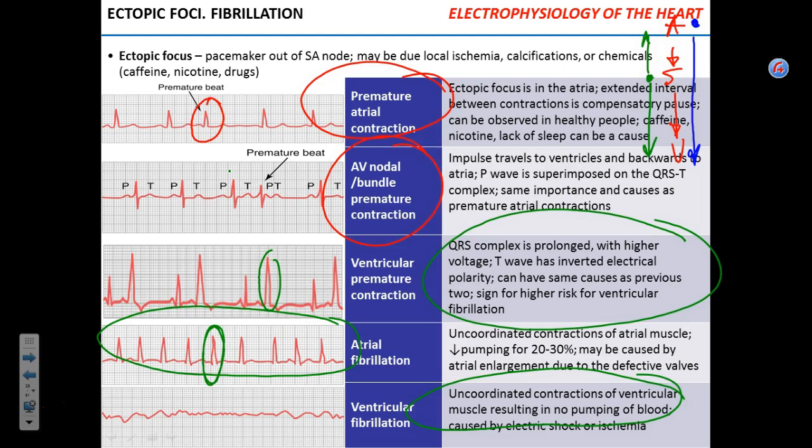That's it. So it becomes a cacophony. Electric shock or myocardial infarction may cause an ectopic focus or may impair the transmission of the electrical signal, and there you go. You have ventricular fibrillation. So how do we treat it?